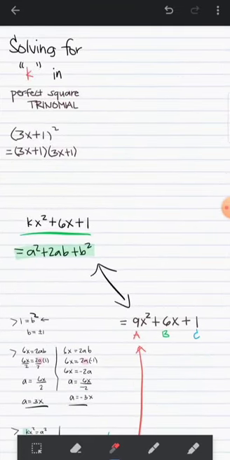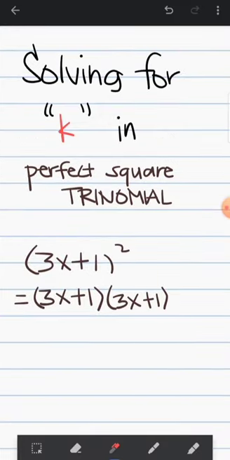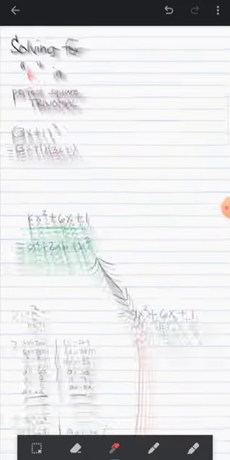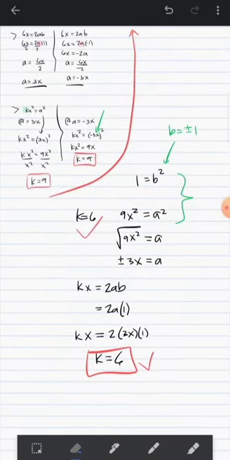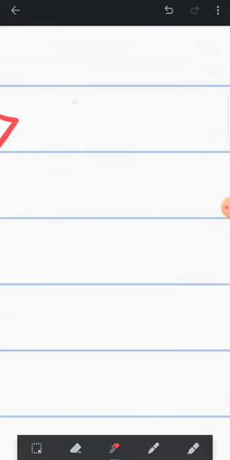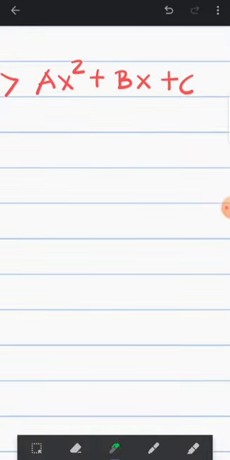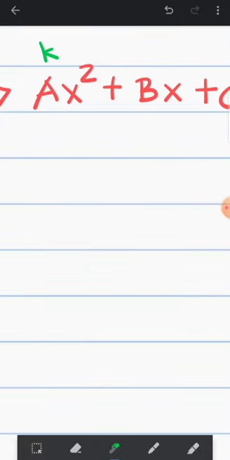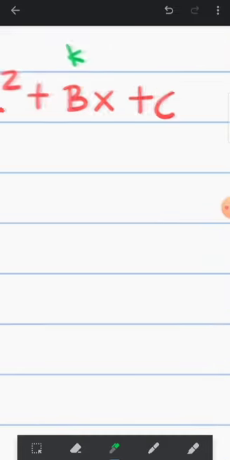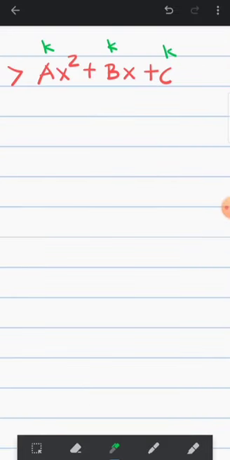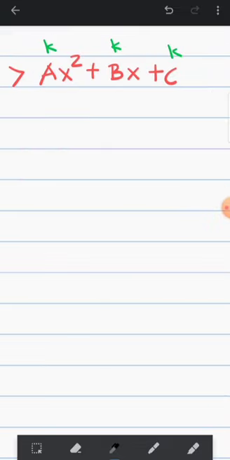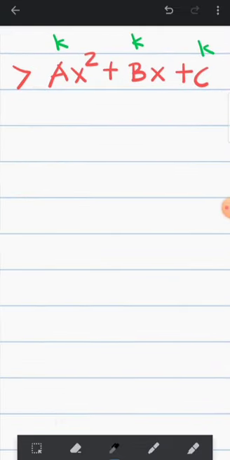This is how you solve problems that ask you for what's k, when you are given that the trinomial is a perfect square. So again, in summary, the problem asks you for k, which could be the coefficients. If the problem asks you for the coefficient, let's say this is k, a could be k, b could be k, or c could be k. Just equate it to the general formula for a perfect square trinomial.